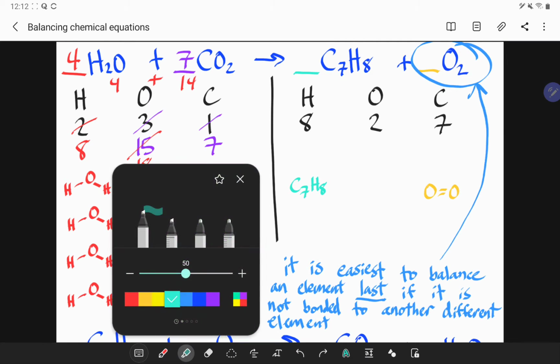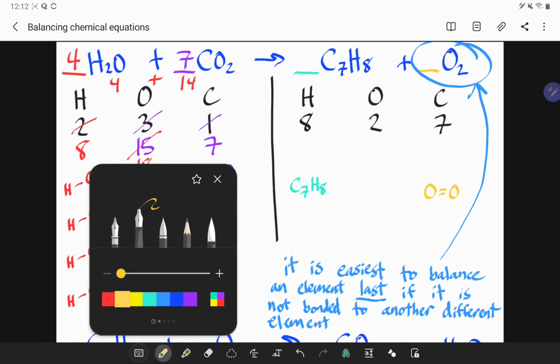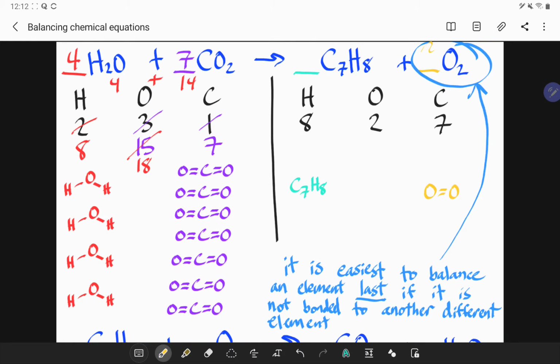I'm going to add a number here. First of all, I know that I'm adding the number there because this right here has nothing to do with oxygens. It's C7H8. There's no oxygens involved there. So I know that the number is going to go here.